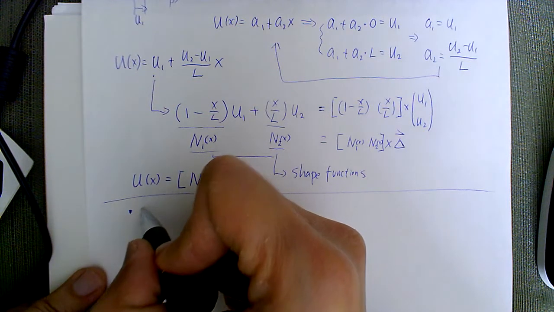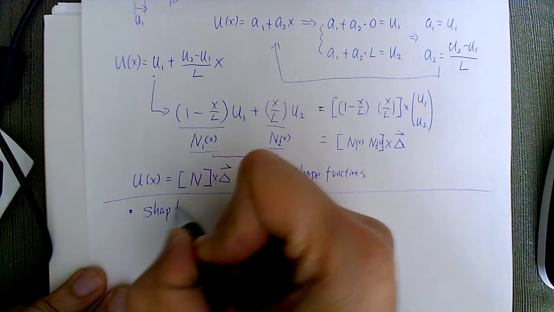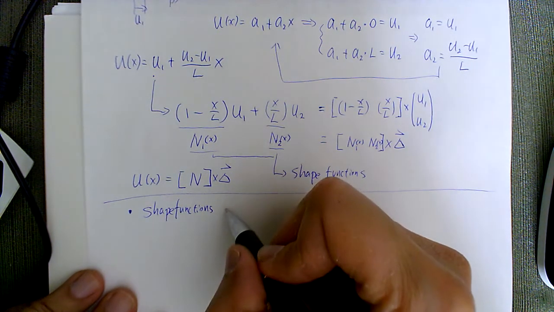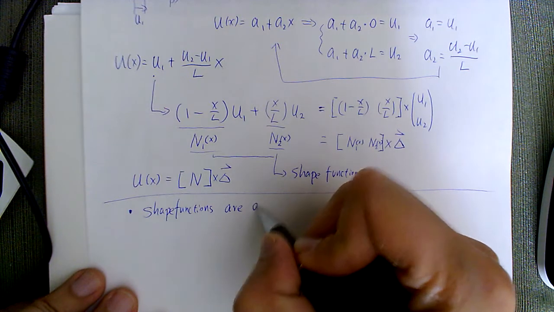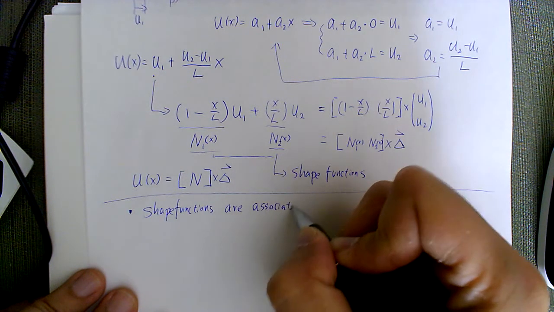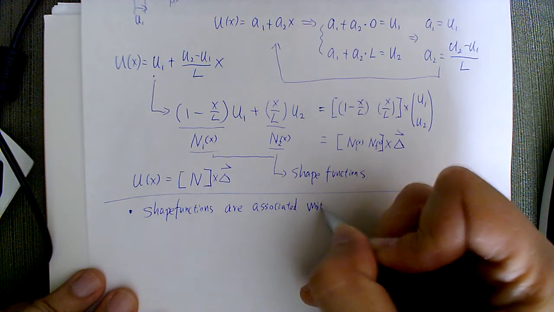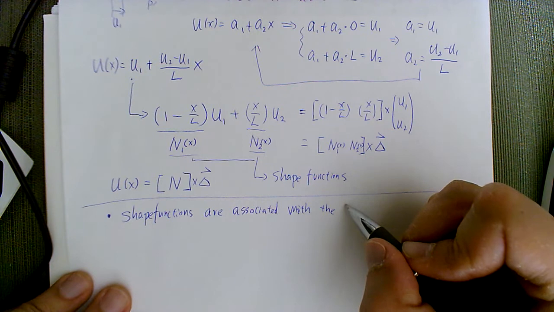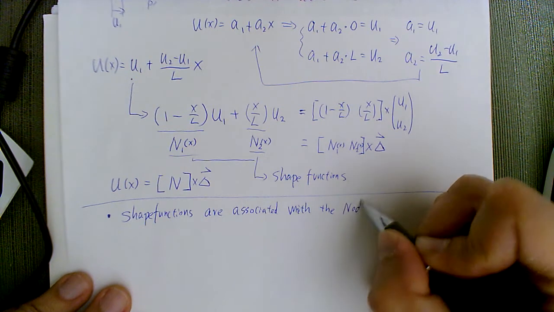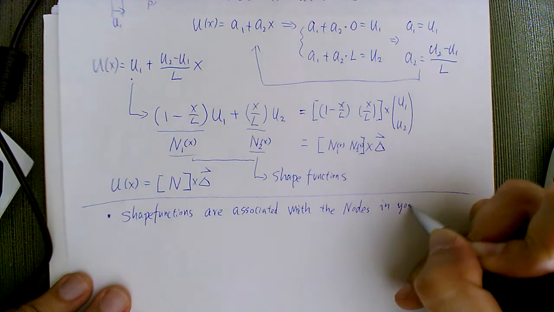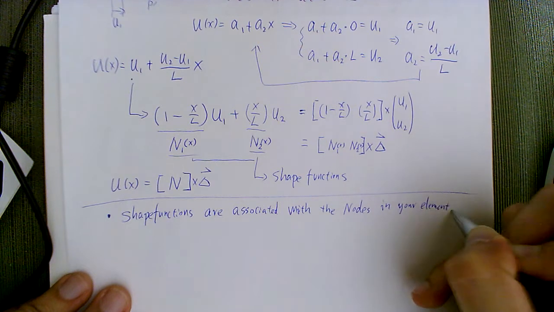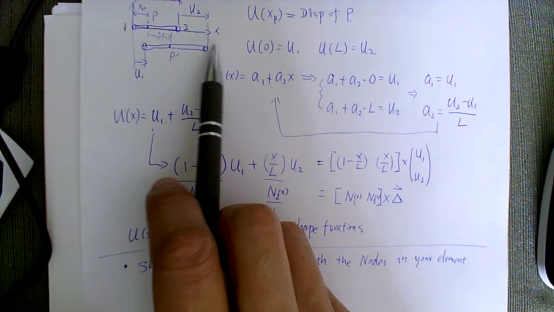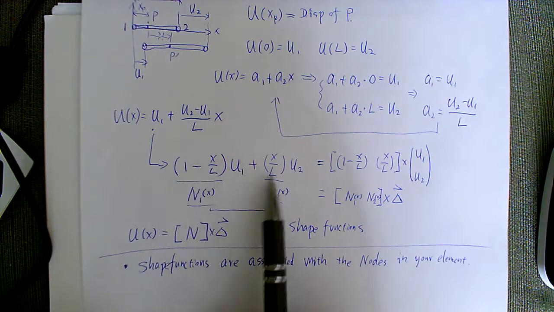So basically, shape functions are associated with the nodes in your element. So basically, in this case, this element has two nodes. It'll have two shape functions.